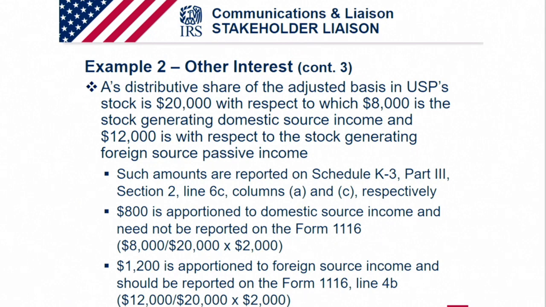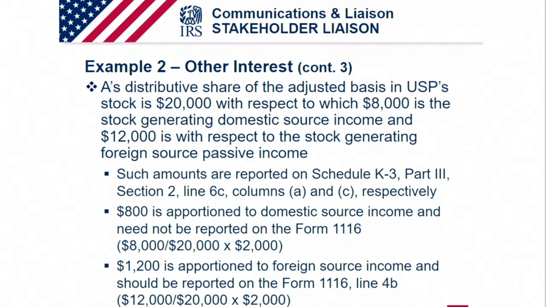So these amounts, the $20,000, the $8,000, and the $12,000, are reported on Schedule K-3, Part 3, Section 2, line 6, columns A and C respectively. So this is where we explained to you before that the assets are reported by the source of income which they generate and the separate category, and Part 3 has those there for apportionment purposes.